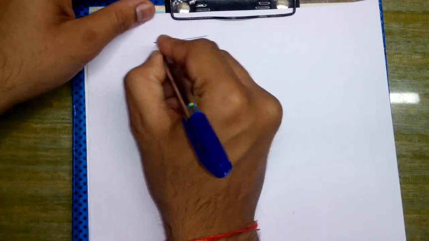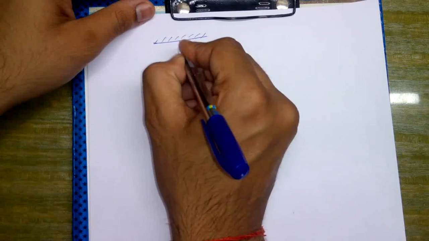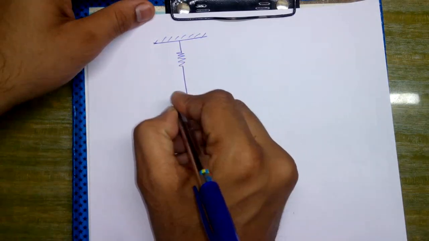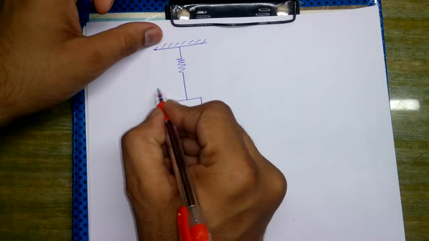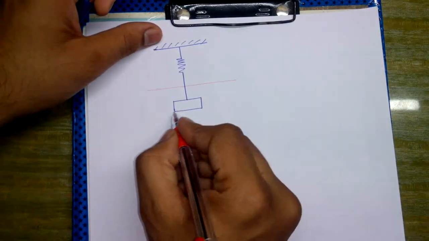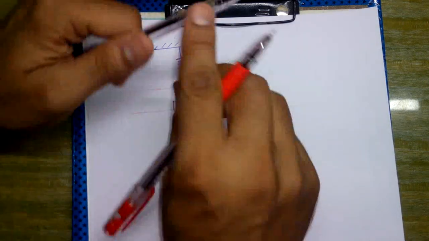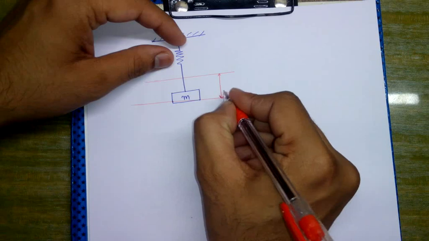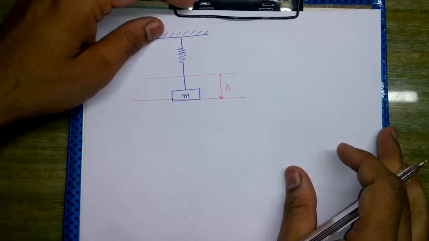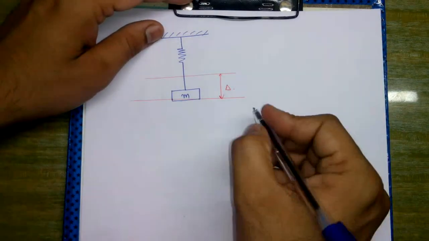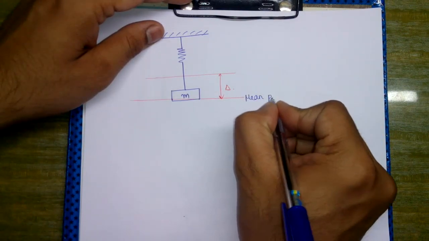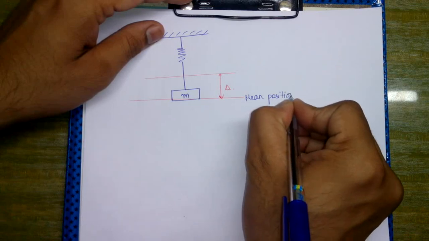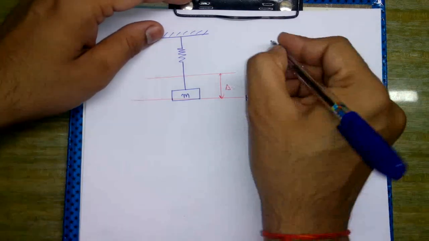Okay, say for example we have a mass which has been suspended from a spring. So for example this mass was initially here and now it has been displaced up to this point. This is mass m. This corresponds to the static deflection of the mass, that is delta, and this is the new mean position.